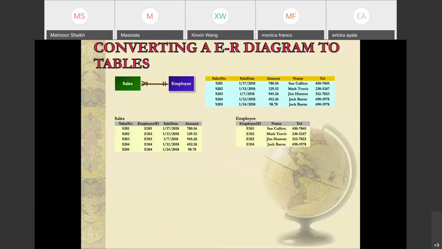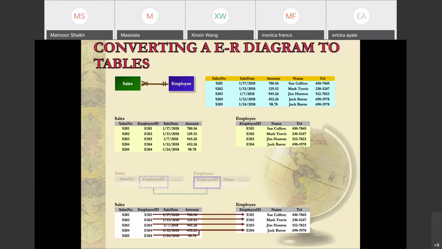So for instance, this sales table was initially stored in a big table. We separate it into the sales and employee tables. And then the one side cardinalities' primary key becomes the many side foreign key. That's how they build the relationship.